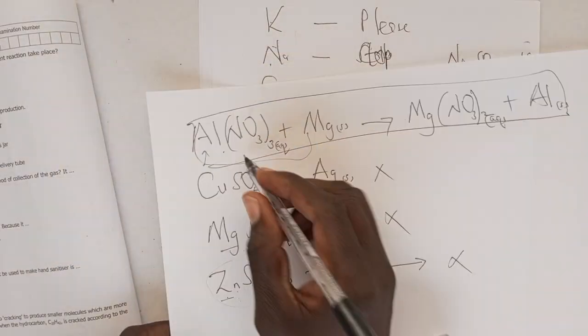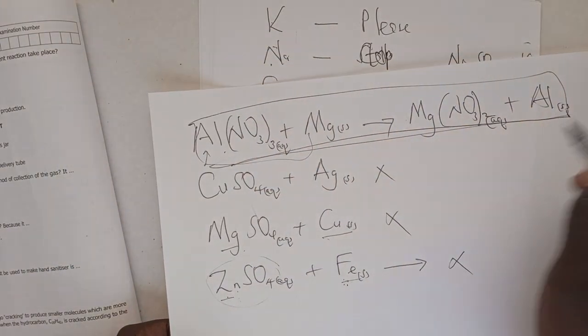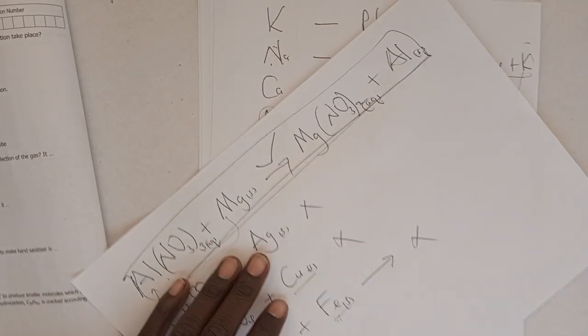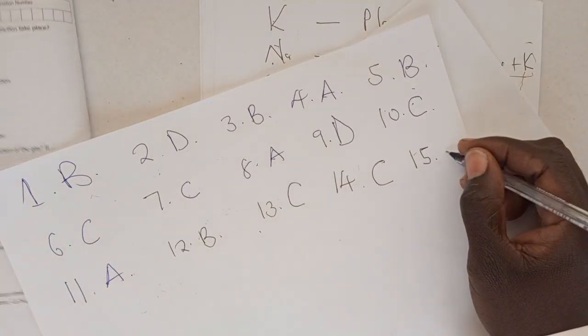But that's not our point. What we're looking for is the one where displacement can take place. So the answer is this one. The option A is the answer for question 15. Question 15, the answer is A.